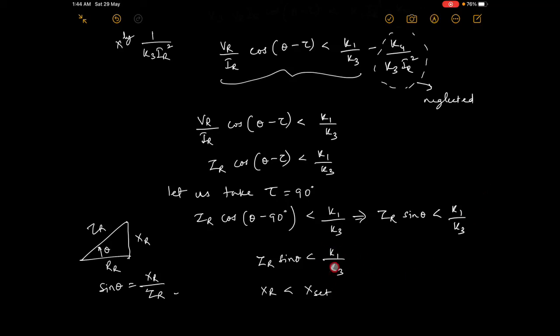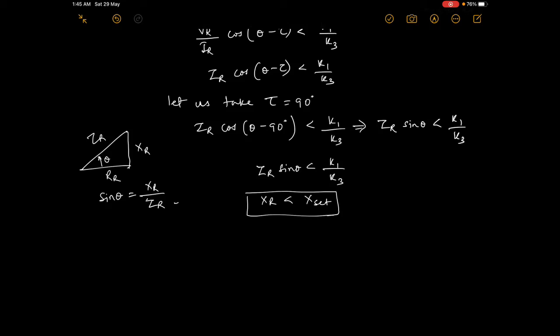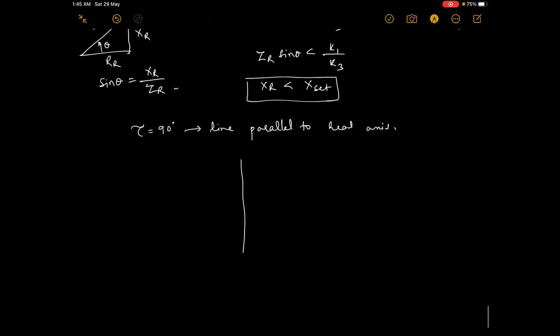So this is again a constant, just like Z set what we did there. At the end, what remains is purely dependent only on reactance, nothing else. By having tau equal to 90 degrees, we have made the line parallel to the real axis.